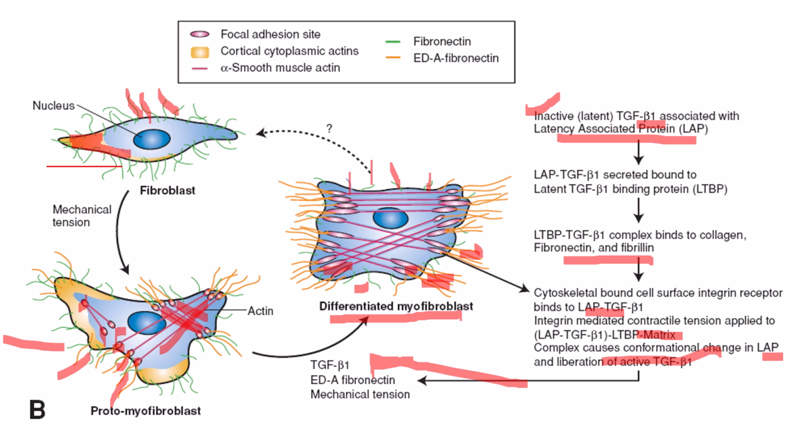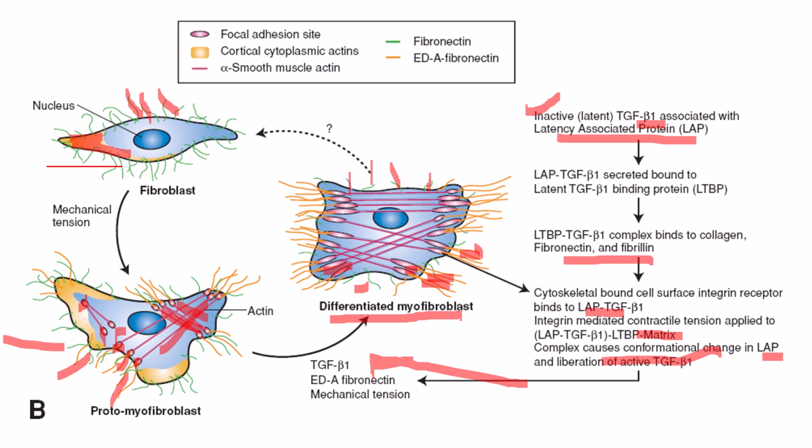matrix. So mechanical tension provides the stress fiber in the cytoskeleton of the cell, and it is essential for transition from fibroblast to proto-myofibroblast and then differentiated myofibroblast.